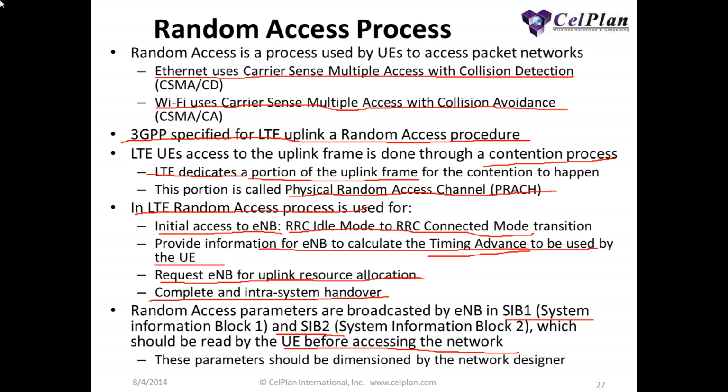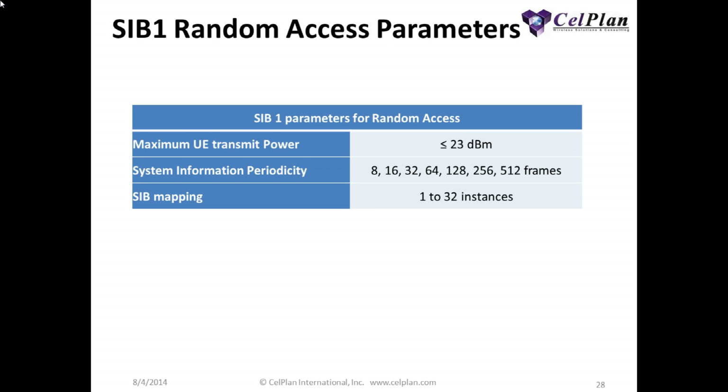There are many parameters that have to be dimensioned by the network designer. You will see that it's relatively complex to understand, but it's not so complex really to design the parameters. Well, let's talk about SIB1.